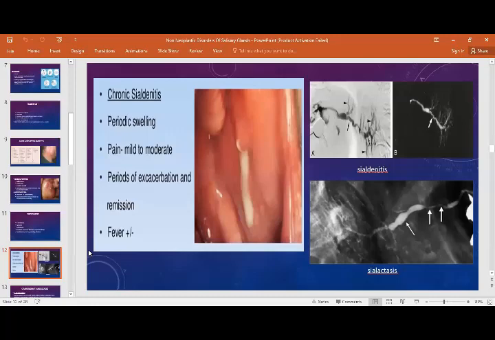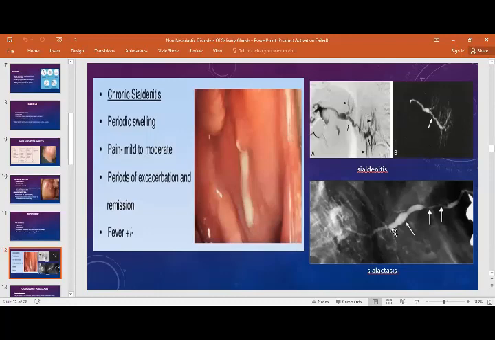As you can see, this is a sialogram, a radiological investigation to see the position and thickness of the duct of these salivary glands. This is a differentiating point, because this is sialadenitis, and you need to differentiate this condition from sialectasis.